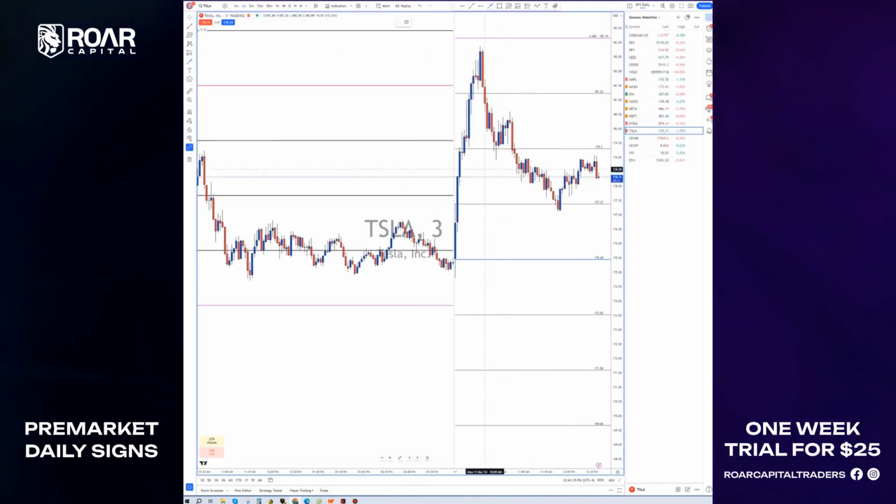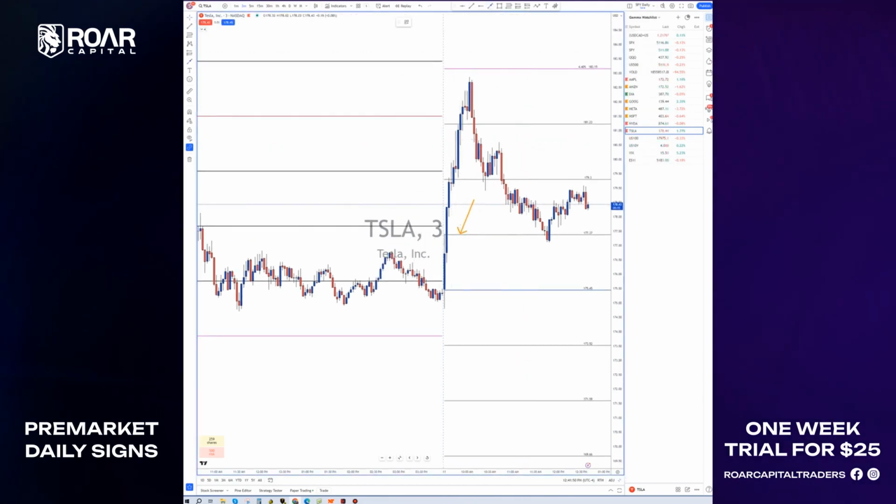So most of the time I'm going to be shorting here if it's red, right? And I'll be shorting again with that red. And I'll be shorting here again too.